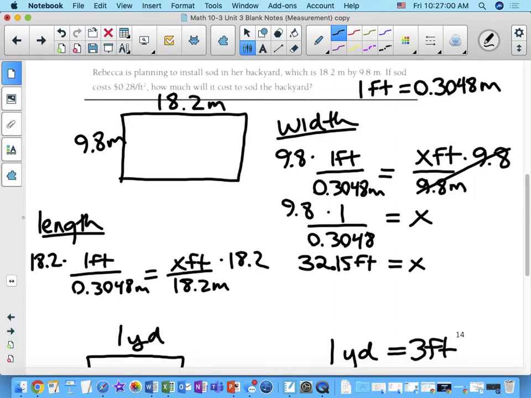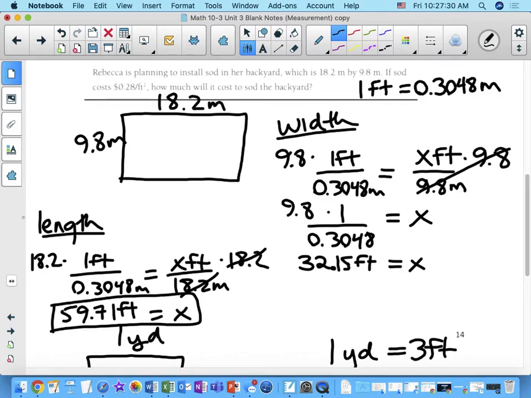Okay, so these guys are going to cancel, and then x is going to equal, what is 18.2 times 1 divided by 0.3048? Yep. 59.71. Okay.